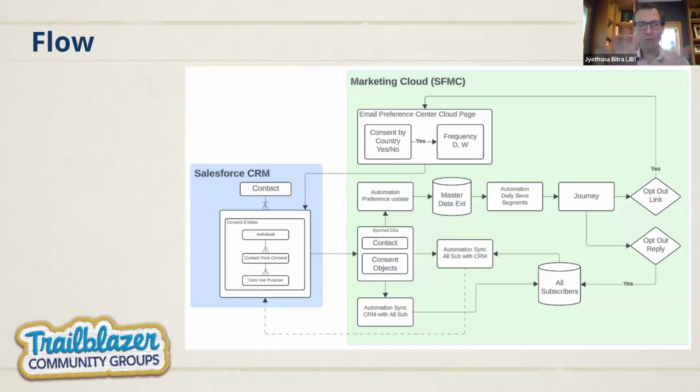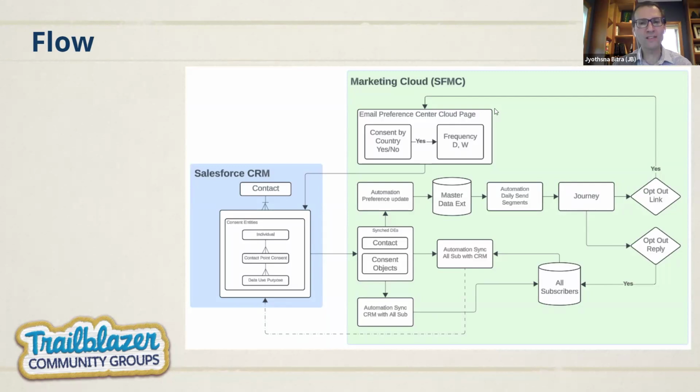Okay, let's talk about what we're going to solution today. We've got the two environments. We've got Salesforce, and that's where Privacy Center sits, and we've got Marketing Cloud. Now, we'll start with the Preference Center cloud page.